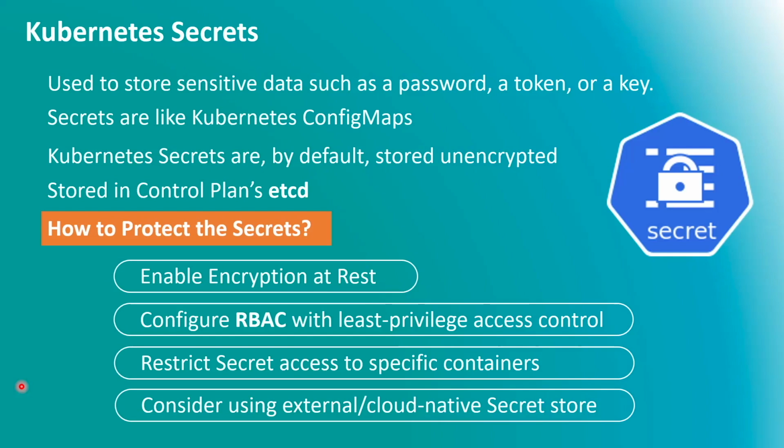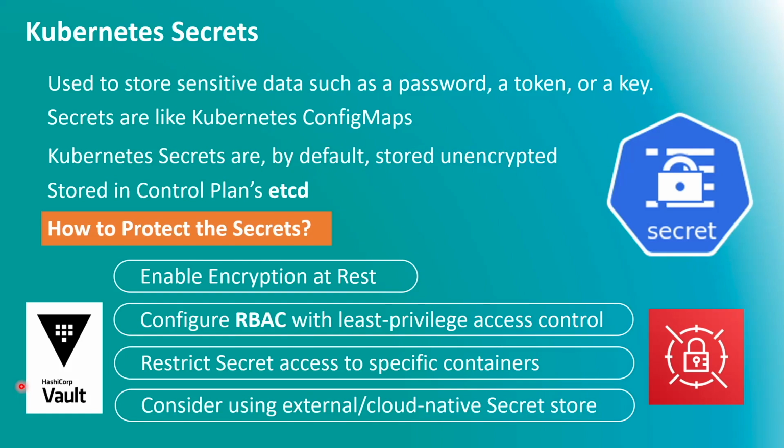Or you can use external or cloud native secret stores like AWS Secrets Manager or HashiCorp Vault for this purpose. So instead of using Secrets, you can store the secrets in AWS Secrets Manager, HashiCorp Vault, or any other cloud native secret store, and maintain your external configurations which are not secret, like the database name, in a ConfigMap.